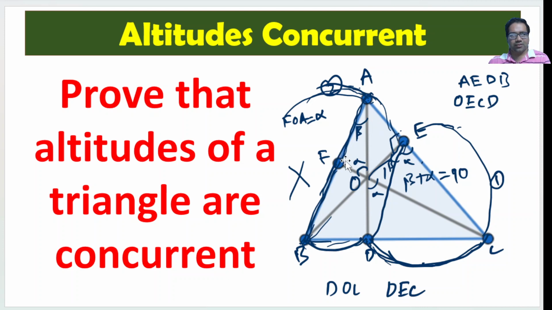So that's what that means. The three lines that are passing through this point are actually perpendicular. Two of them are anyway perpendicular. The third one is also perpendicular to the side. That means all are altitudes of the triangle. Right, guys? Thank you.